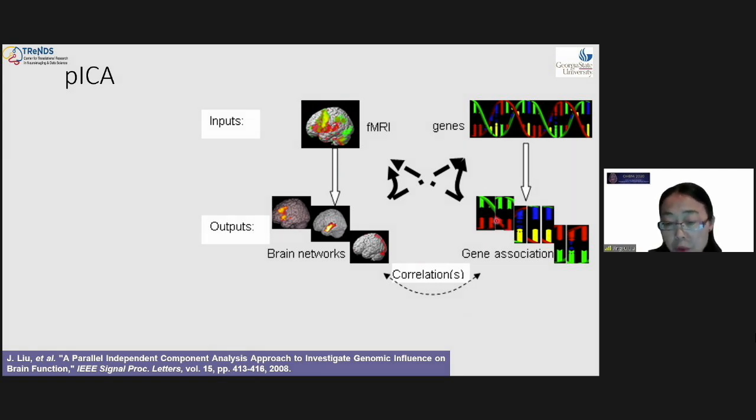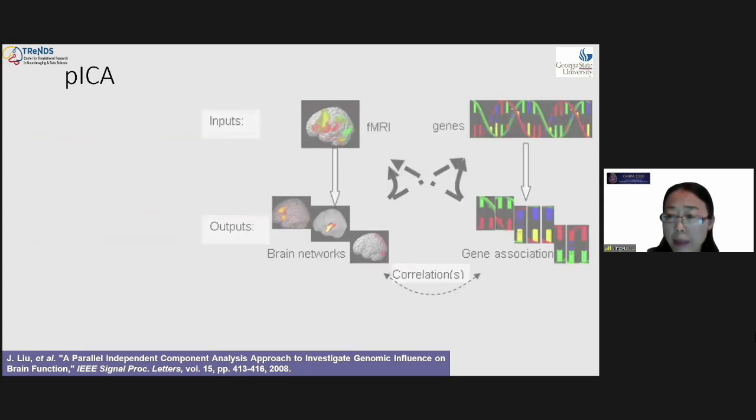Correlation is based on loading matrices. Loading represents how each component is expressed across subjects. For example, if a genetic factor is highly loaded or expressed in one subject, then the linked brain component also needs to be highly expressed in this particular subject.